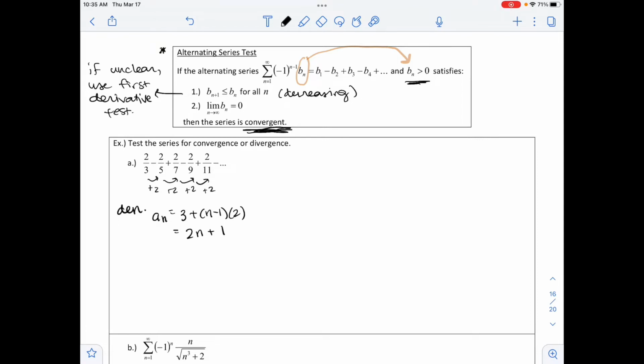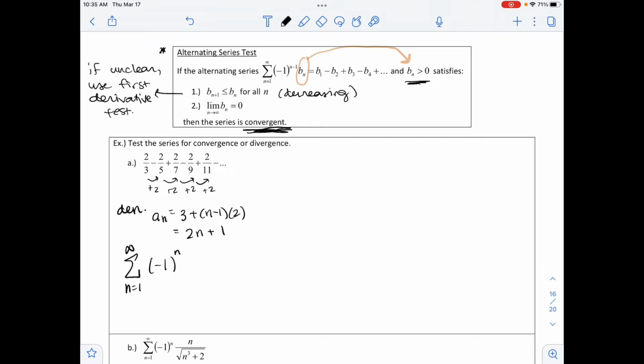So I can rewrite this as the series, the sum from n equals 1 to infinity of -1 raised to some power. I noticed that my first term is positive, so I can't have it raised to the nth power, because that would make the first term negative.